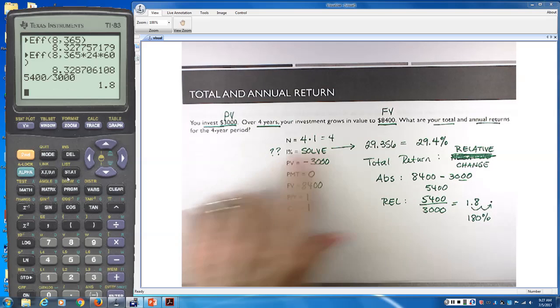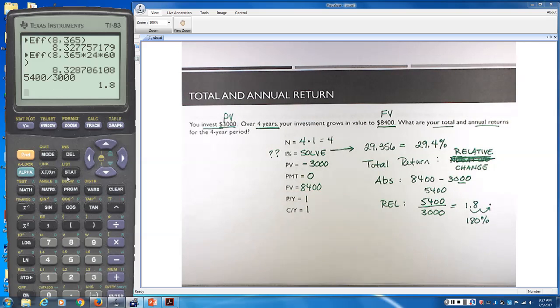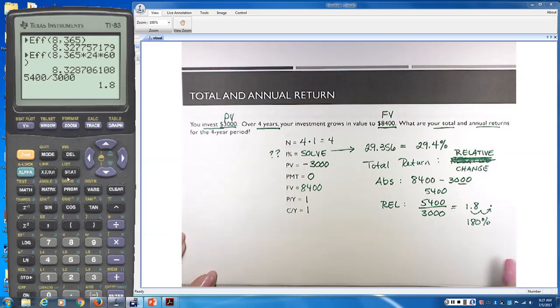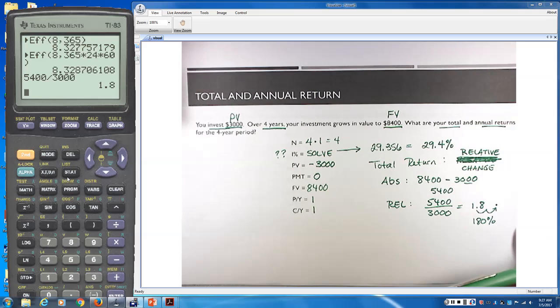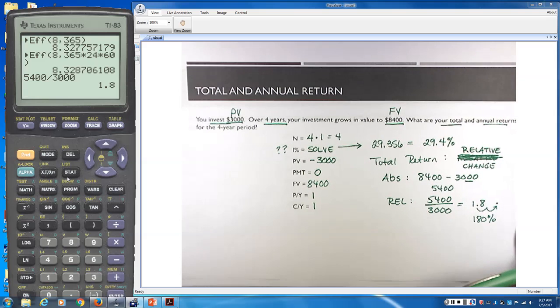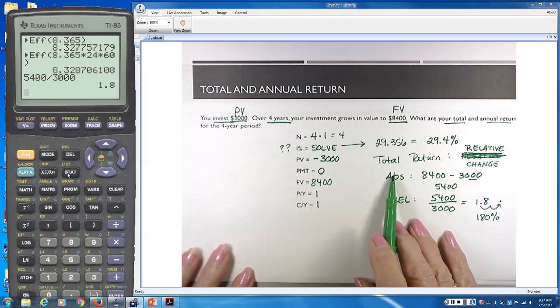But your interest rate is 29.4%. Any questions before we do another one? Okay, it says total return and annual return. So are you wanting a dollar amount here?